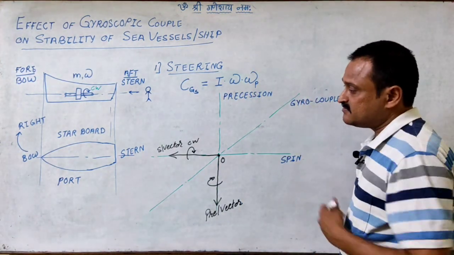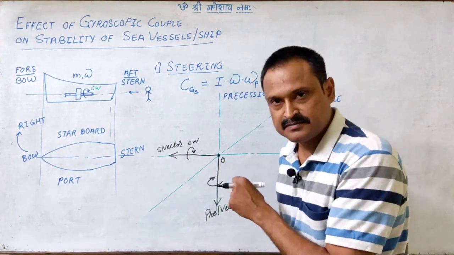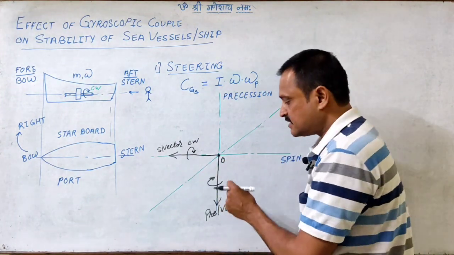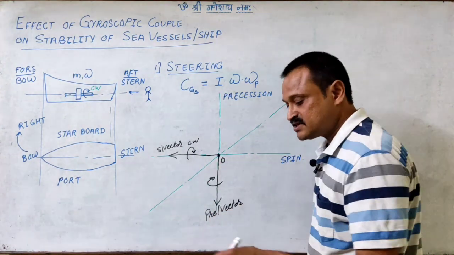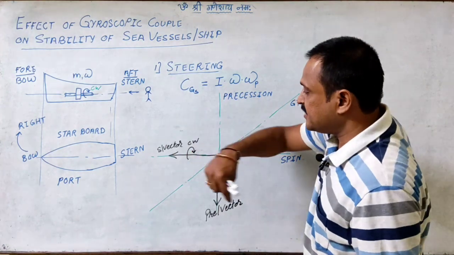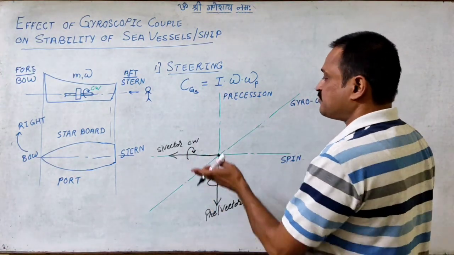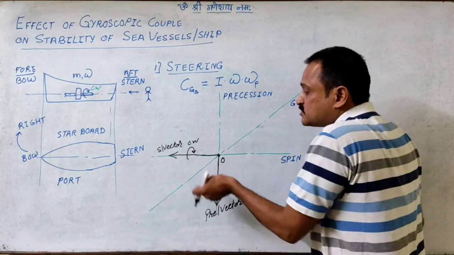So how do we achieve the vector for gyroscopic couple? We turn the spin vector in the sense of precession. Precession is clockwise. So I'll just pick the spin vector and rotate it in the direction of precession by 90 degrees, and precession is clockwise.